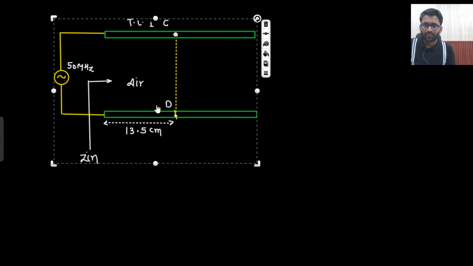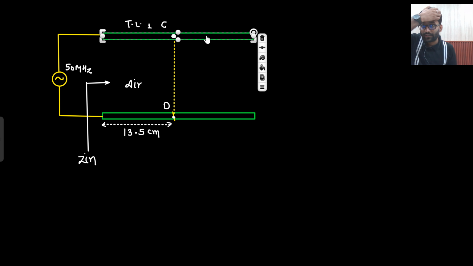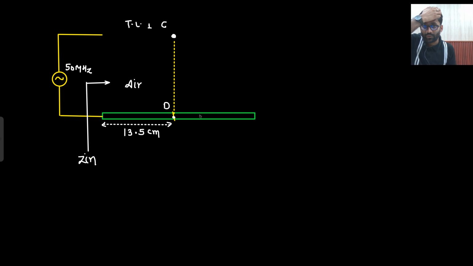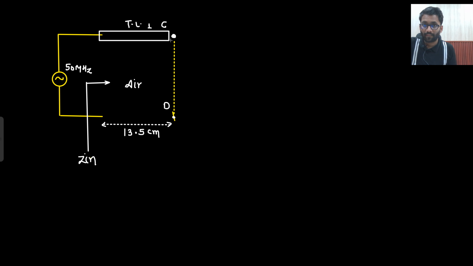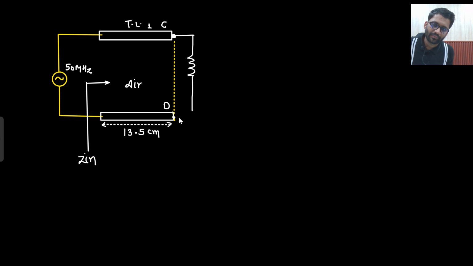We just need to remove it off. Now this is how it is reduced. And here at CD, what are you having? 41.67 parallel with infinity. That would be 41.67 ohm.